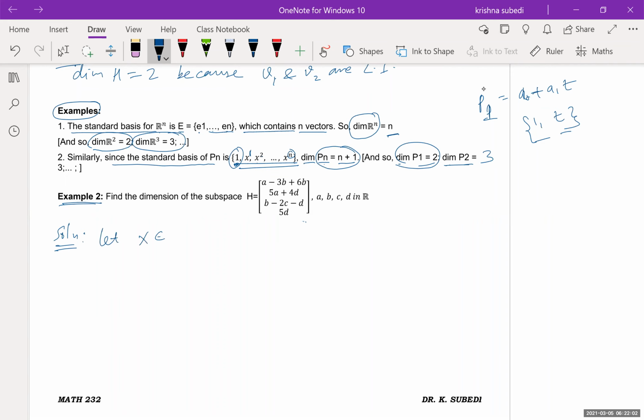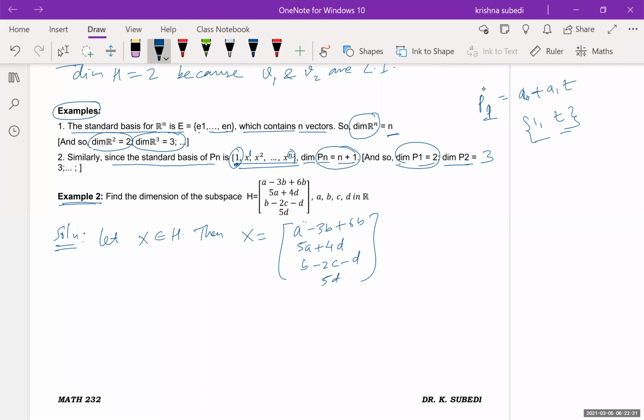Let x be in H, then x can be written as a minus 3b plus 6c, 5a plus 4d, b minus 2c minus d, and 5d.